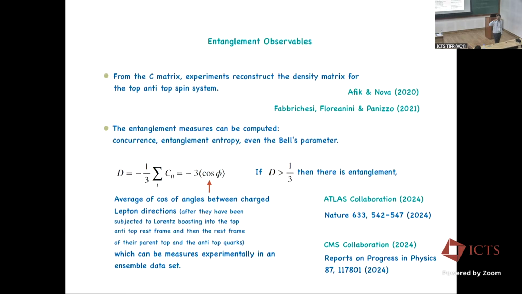To cross the quantum origin threshold, it has to cross this 1/3. So unless we have very high confidence that they are reconstructing the spins of the top, those collaborations can't claim that they are getting the entanglement, because any classical correlation will give non-zero D, but it has to cross this threshold.